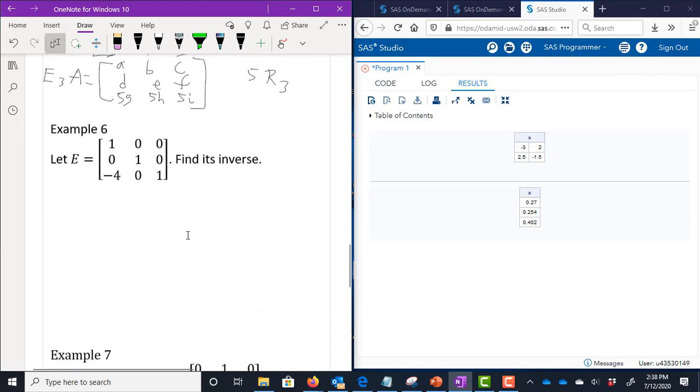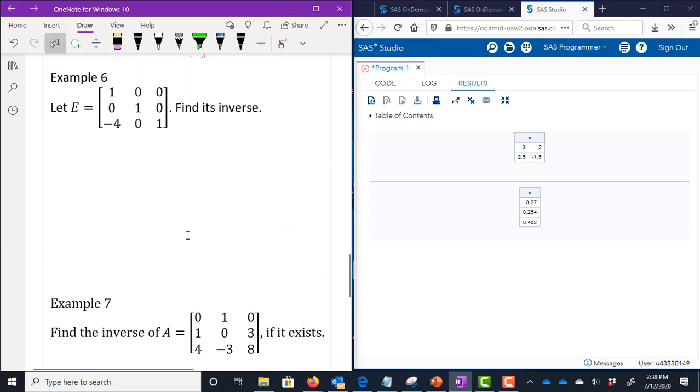For our next example, we want to find the inverse of e here, with e being 1, 0, 0, 0, 1, 0, and then negative 4, 0, 1. And as I wrote there, we want to find its inverse. In order for us to find the inverse, we only need to do one type of elementary row operation in order for us to get the identity matrix.